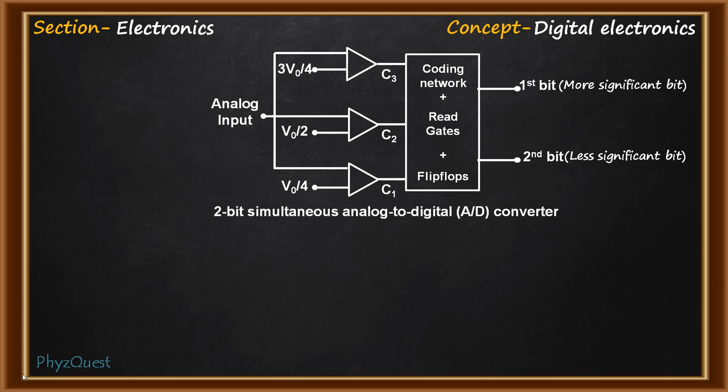Now when the digital output is expressed in terms of 2 bits, there will be 4 combinations. So the combinations will be 0 0, 0 1, 1 0 and 1 1. So these are the 4 combinations which can be possible in case of 2 bits.